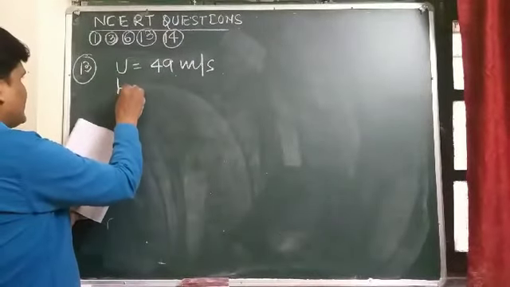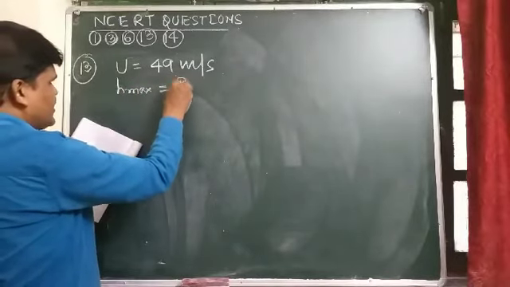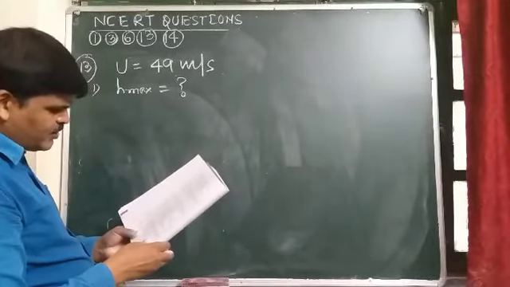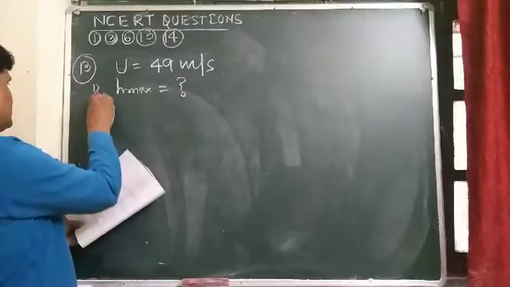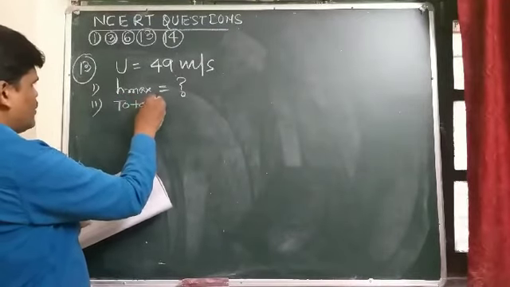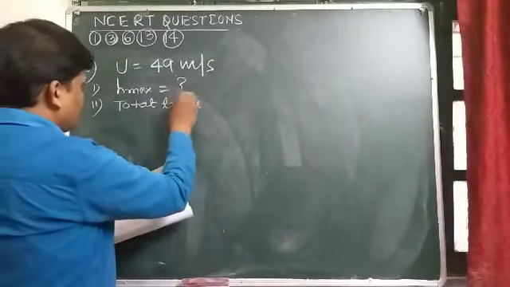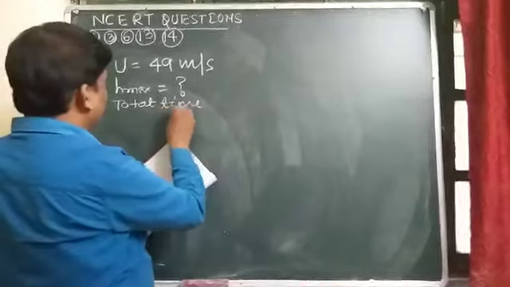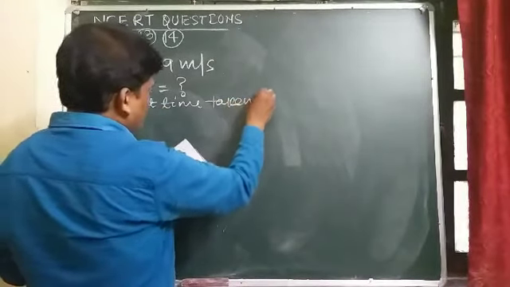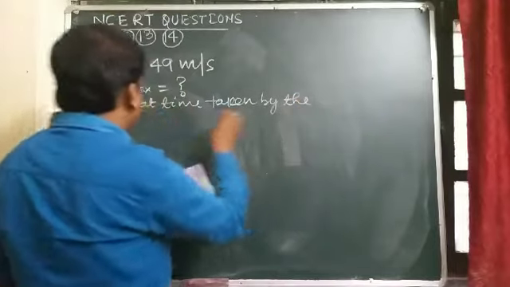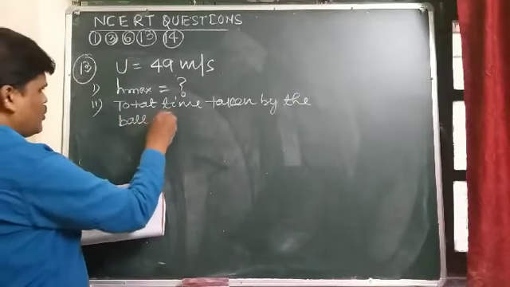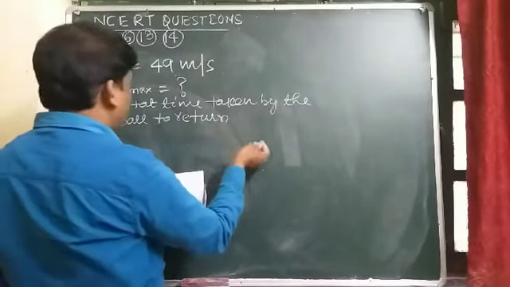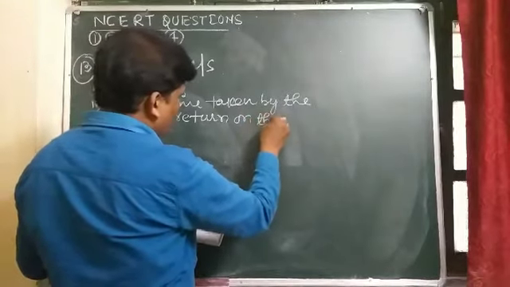So we have to find h max, the maximum height to which it rises, and second, the total time taken by the ball to return to the earth's surface.